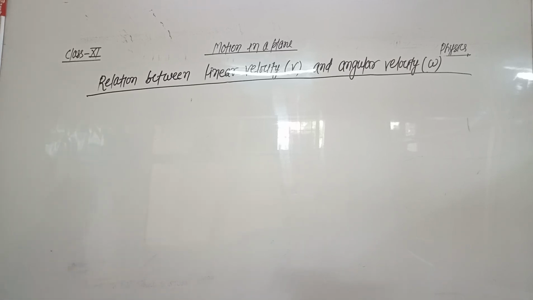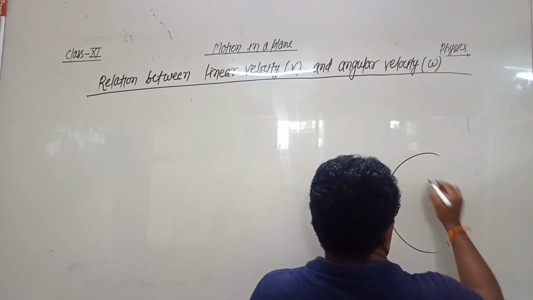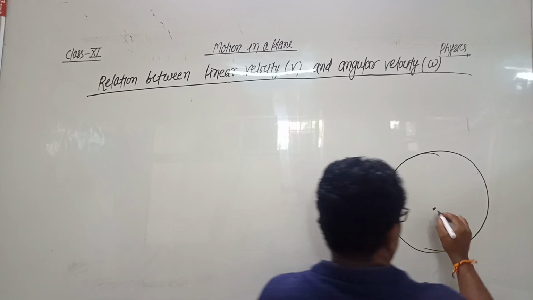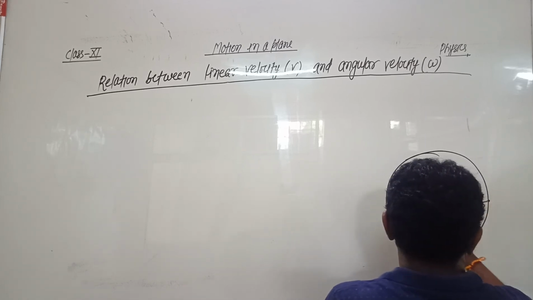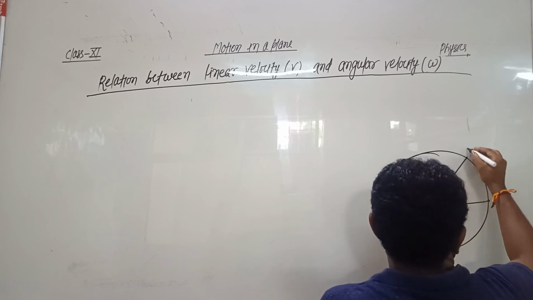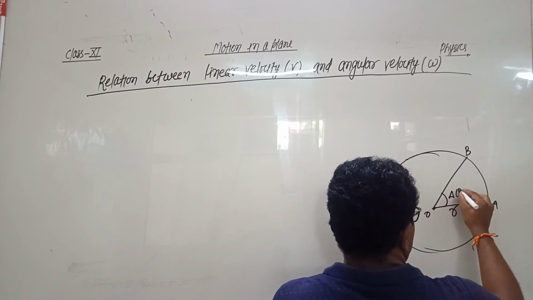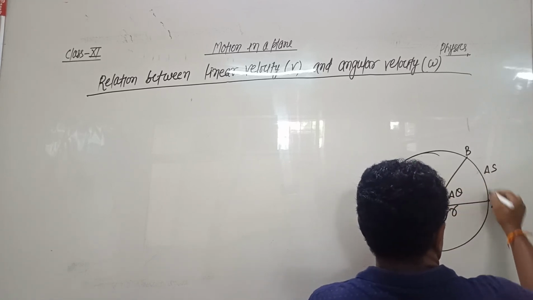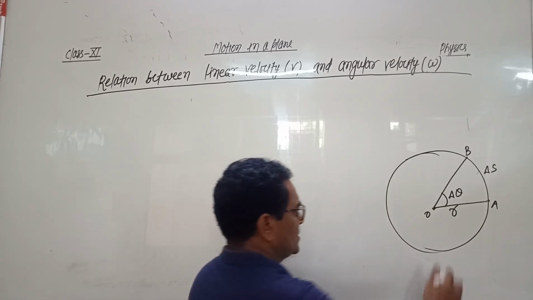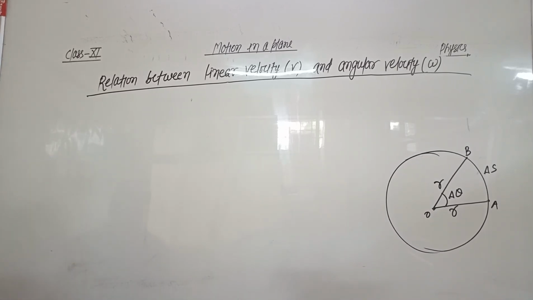We have seen previously that when a particle moves in a uniform circular motion, suppose this is point O, this is A, and this is the radius. When it moves from point A to B, the angle made is delta theta, and the arc AB is represented by delta S. OA is the radius and OB is also the radius.